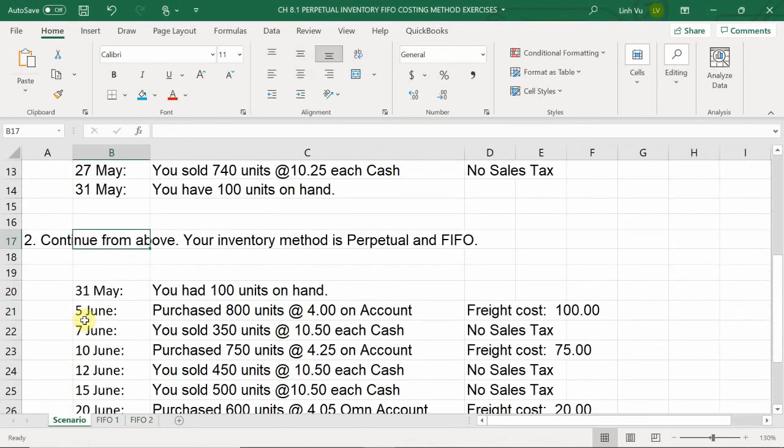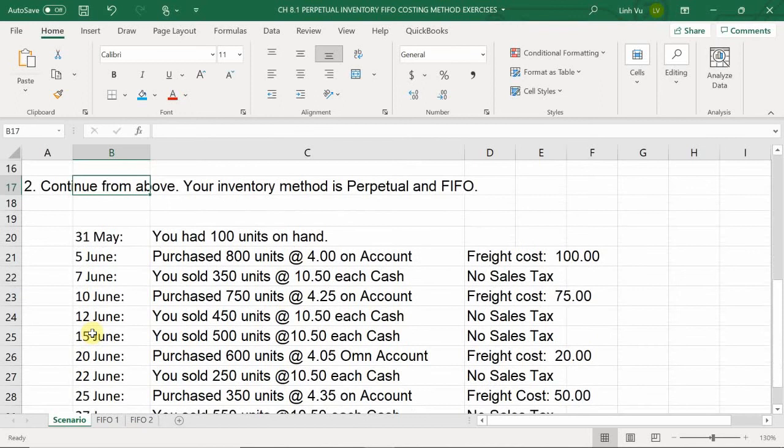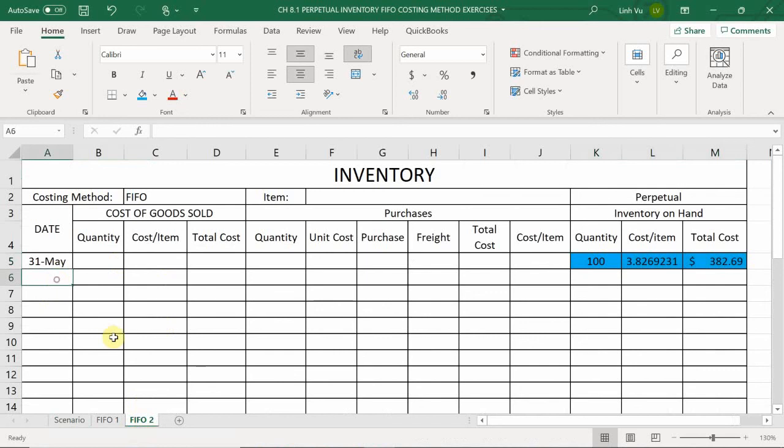Okay. So then on June 5th, we end up purchasing an additional 800 units at $4 each, with the freight costing $100. We're going to skip the cost of goods sold section and go right into here where we bought 800 units at $4 each with the freight costing $100.